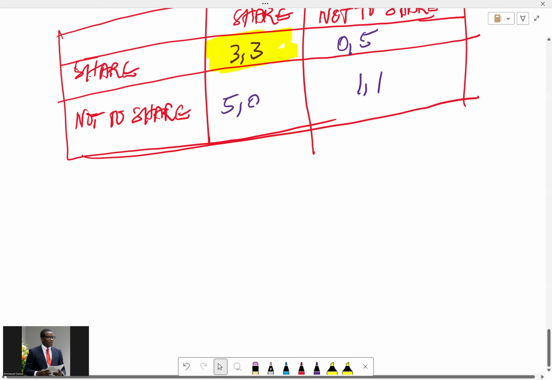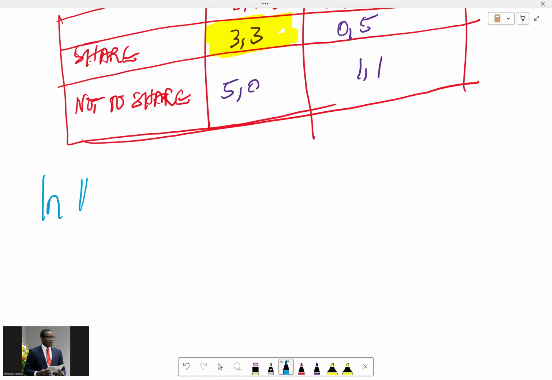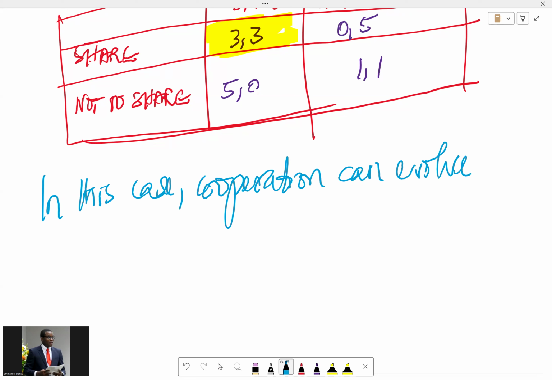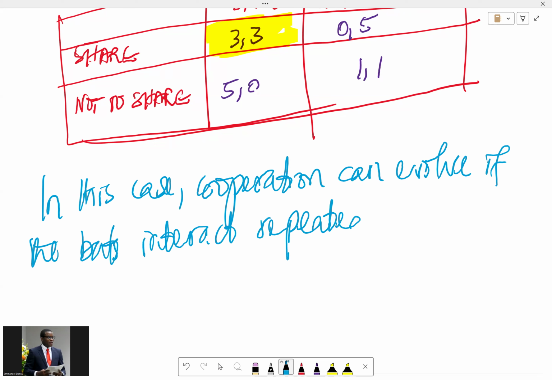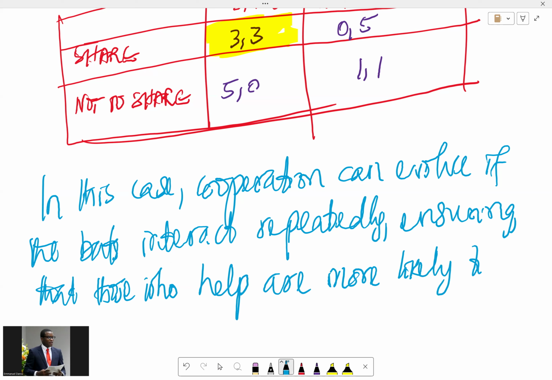So in this case, cooperation can evolve if the bats interact repeatedly, ensuring that those who help are more likely to receive help in return.